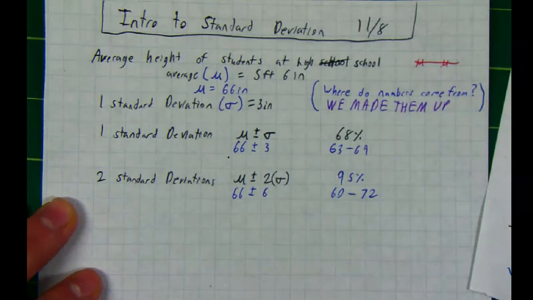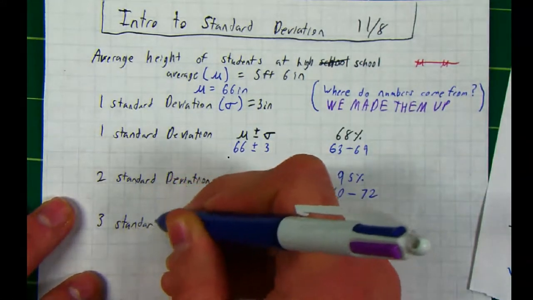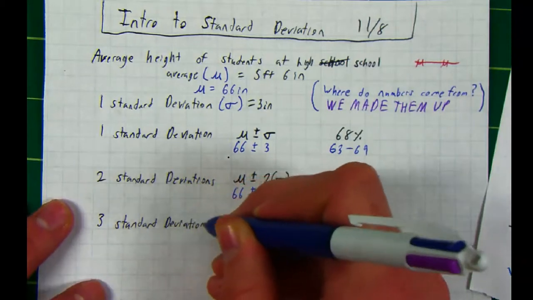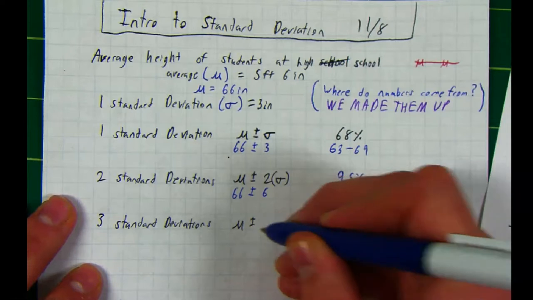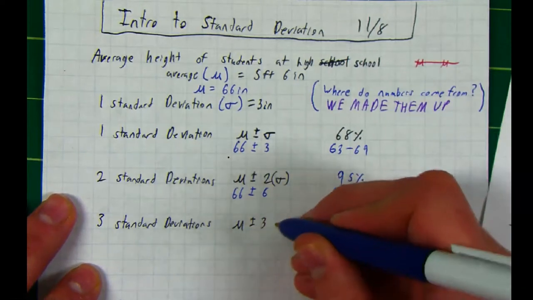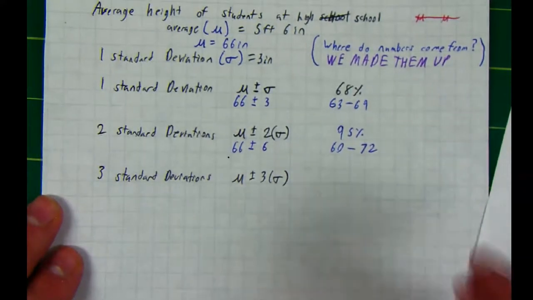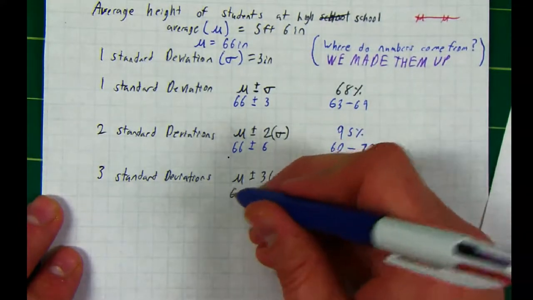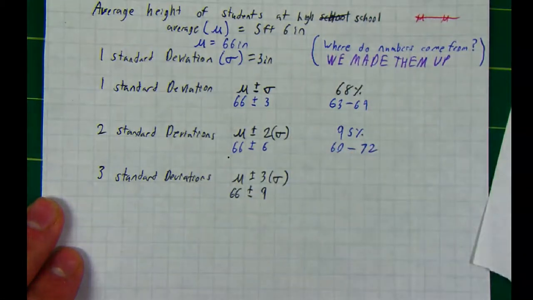What if we were to go 3 standard deviations? Well, that would be mu plus or minus 3 sigmas, which would be 66 plus or minus 9.